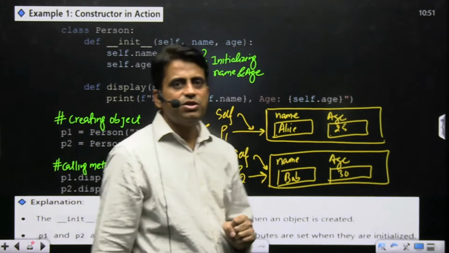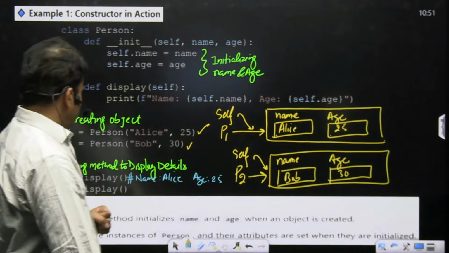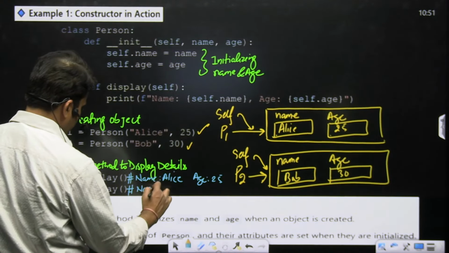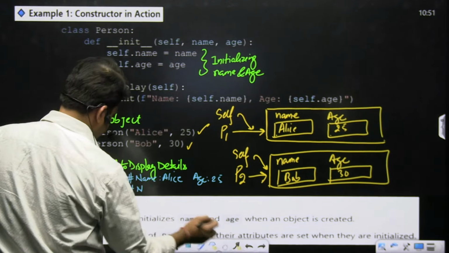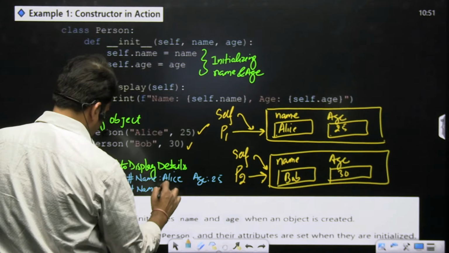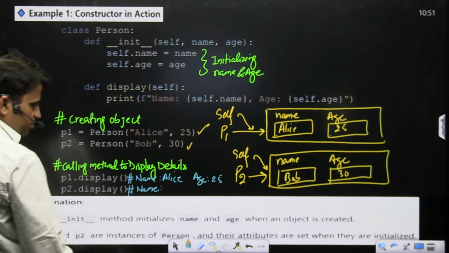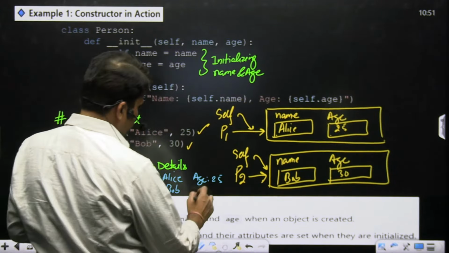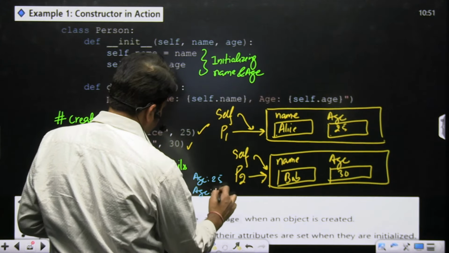For p2.display, the name is Bob, and the age displayed is 30. So this is the output.